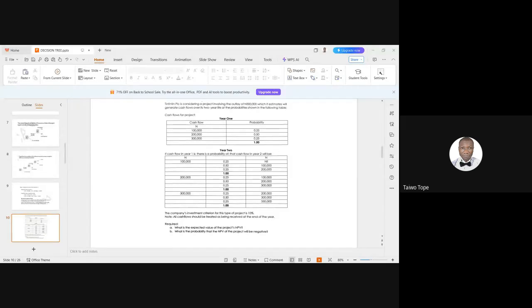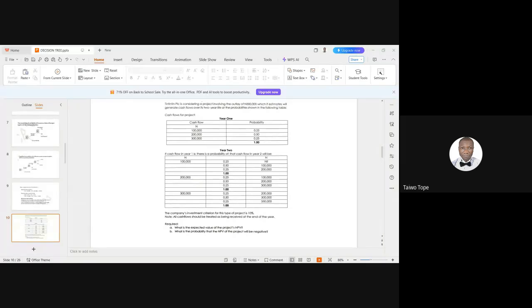It means we can have nil or 100,000 as cash flow in year two, with probabilities of 0.25, 0.50, 0.25. We can have 200,000 also, with 0.25, 0.50, 0.25 likewise.